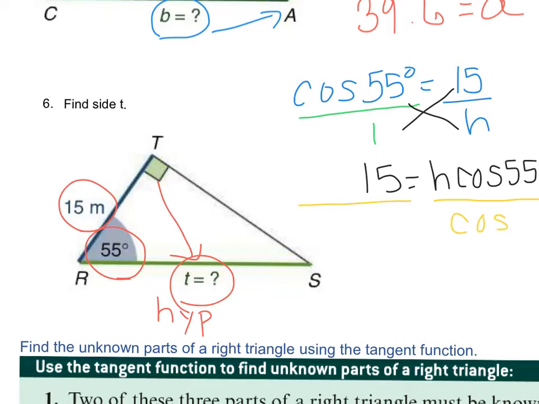So you will need to divide each side by cosine of 55. And again, make sure you're in degree mode. So the length of your hypotenuse is equal to 15 divided by cosine of 55 degrees, which is approximately 26.2.